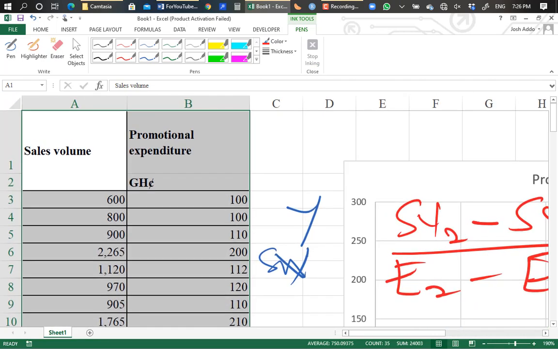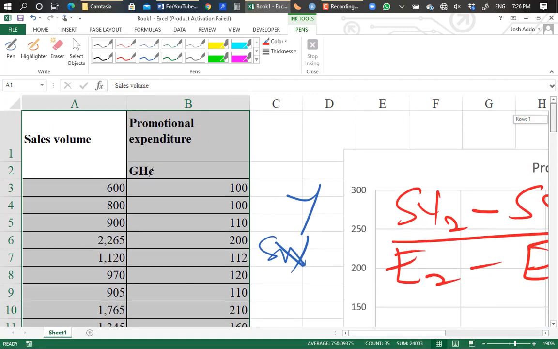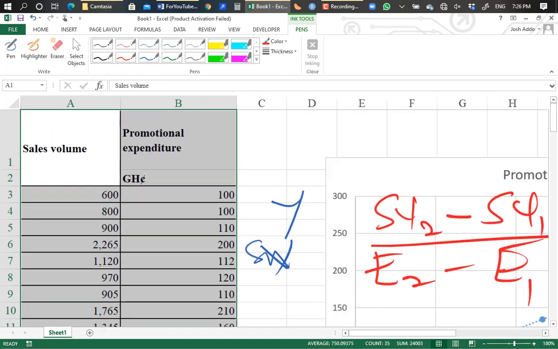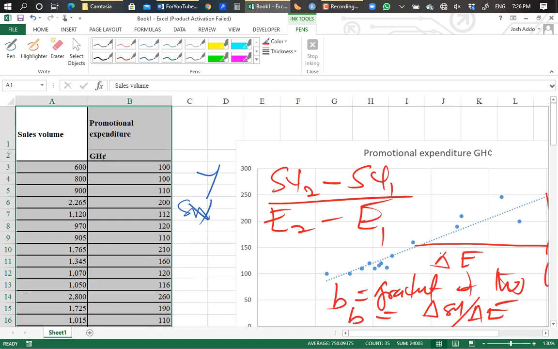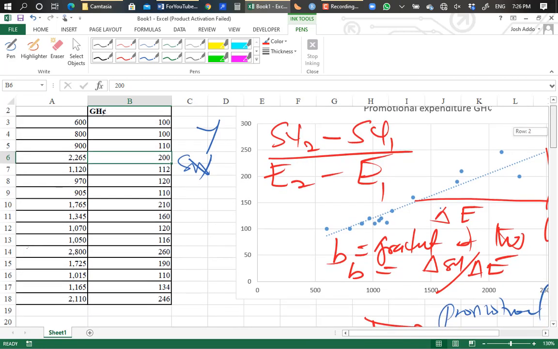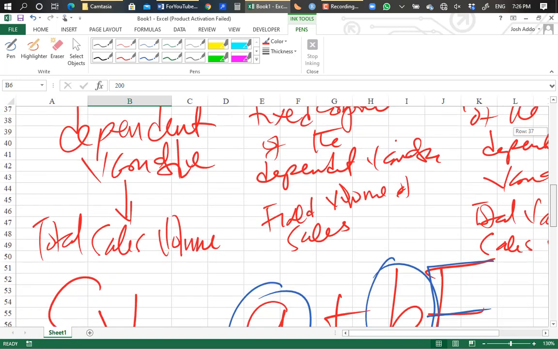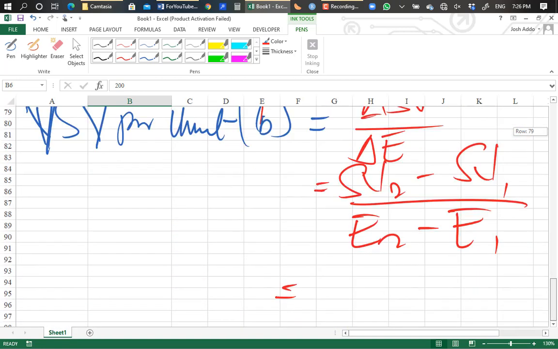All right, so this is the data. Don't worry, I can scroll for you to see. So this is the data. Let's go back to what we're trying to do.